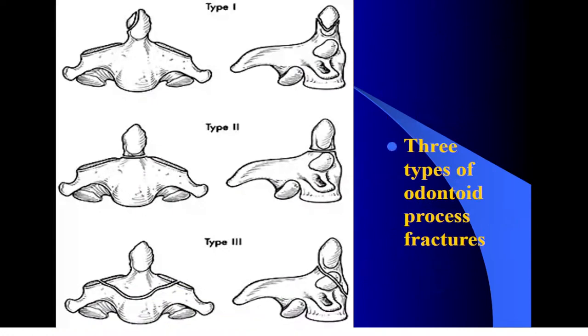So let's try to remember basic anatomy. Compared to the other vertebrae, C2 has a unique odontoid process, which we don't have in other vertebrae.